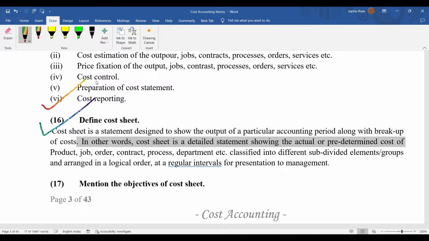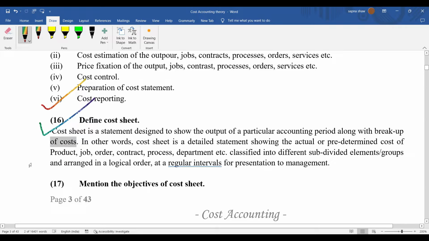That means prime cost, factory cost, and office cost, so these breakups we can easily see in the cost sheet.